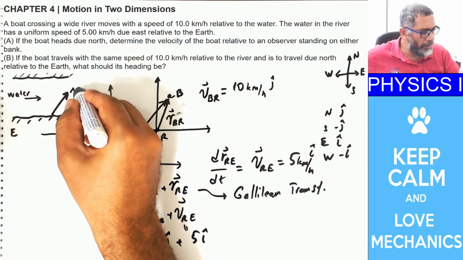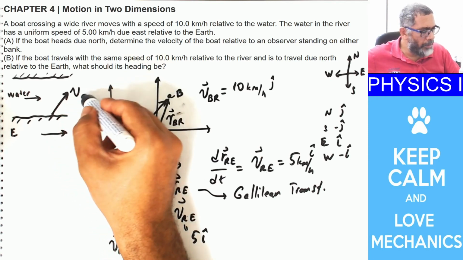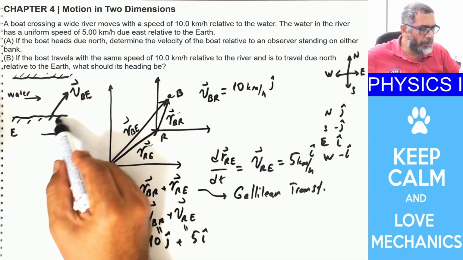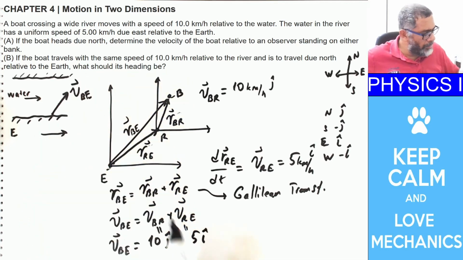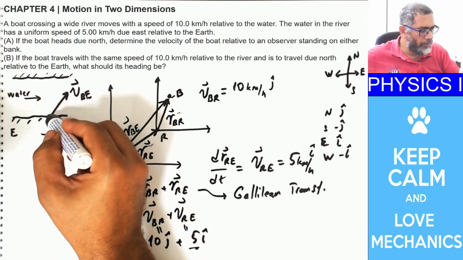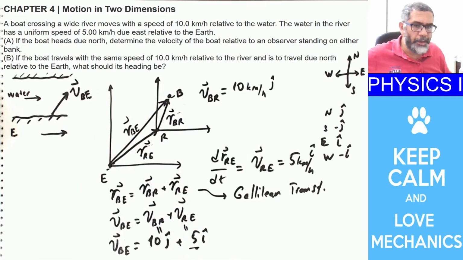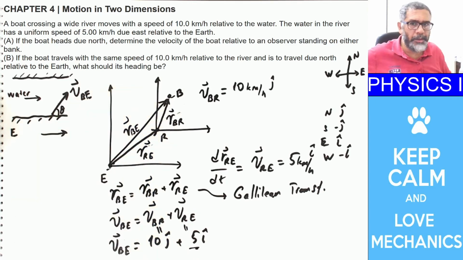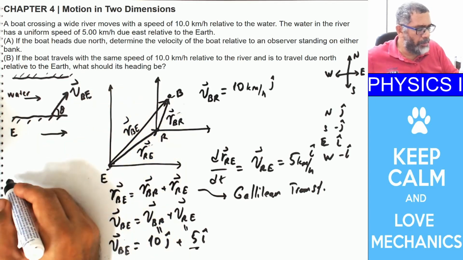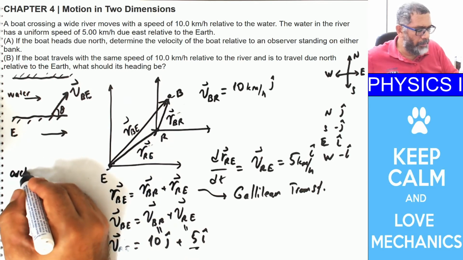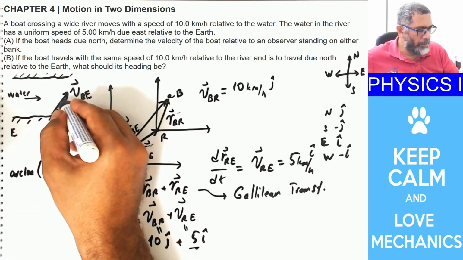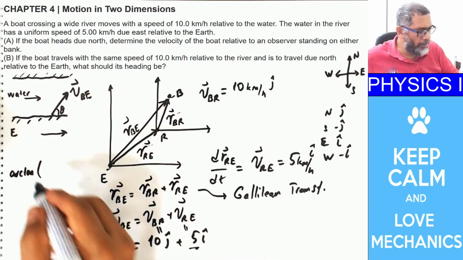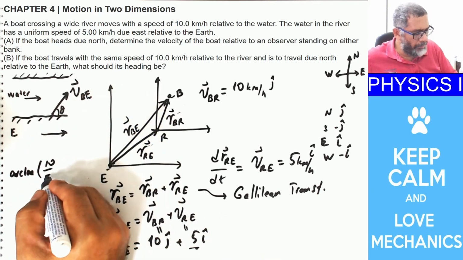This is V boat relative to Earth. And this vector has the horizontal component, which is 5. It will have the vertical component, which is 10. So from this, you can easily find out what this angle is. This angle is going to be just arctangent of this component divided by this one, and this is just 10 divided by 5.